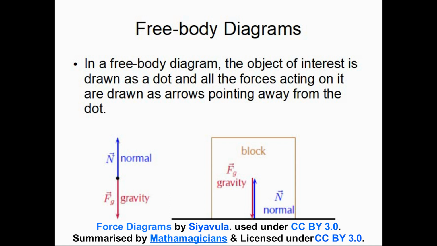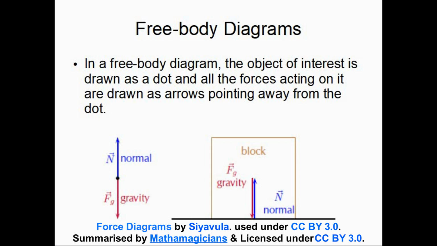You do the same if there were more forces acting on the block. Force of friction would be to the left, and force applied would be to the right. These are not very difficult. These are very easy marks in the exam or in the test.